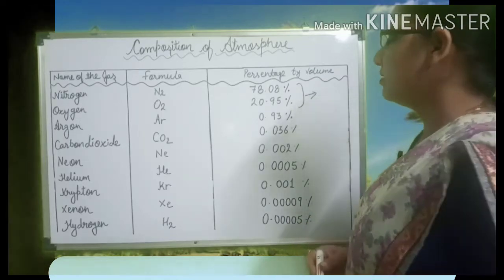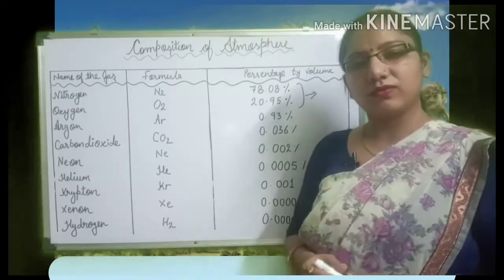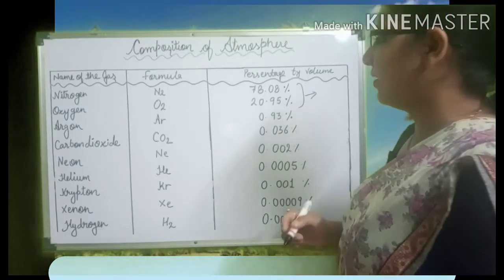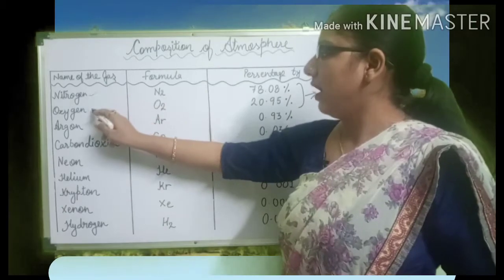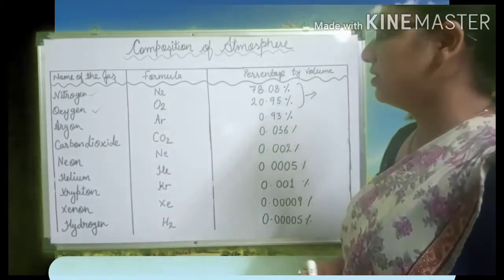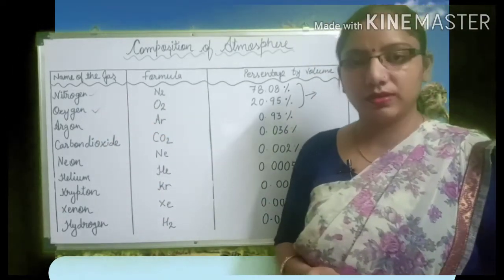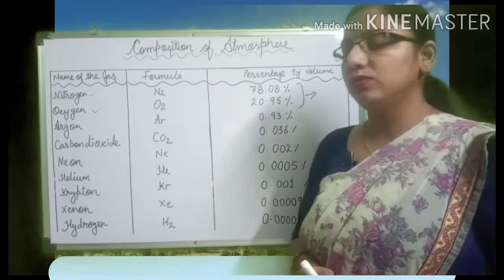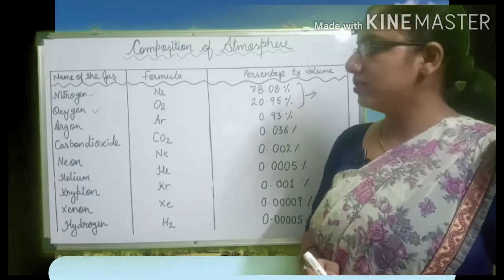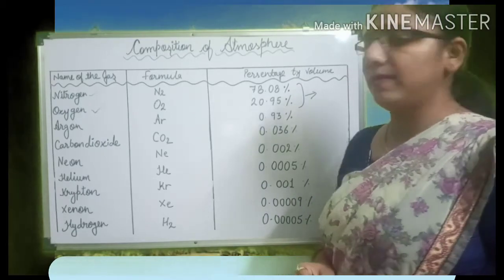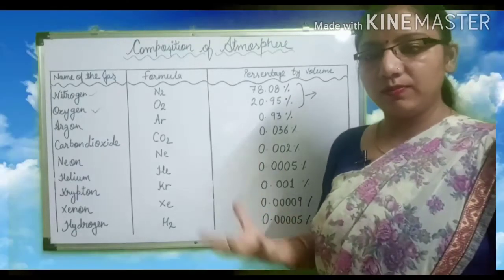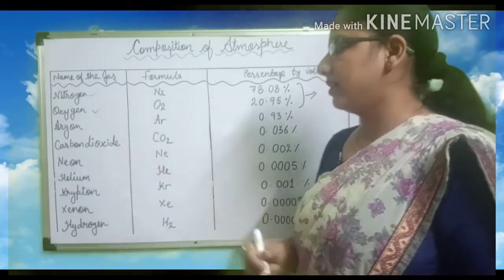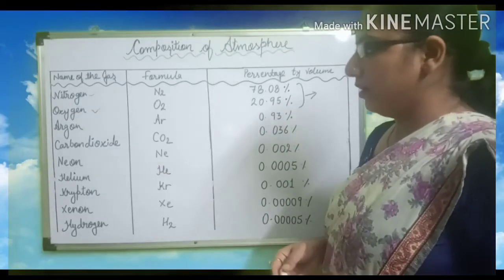At the last, the smallest amount is hydrogen, that is 0.00005%. So students, all the gases are an essential part of our atmosphere, but the most important parts are nitrogen and oxygen, as oxygen is a required gas for human breathing, and nitrogen is the gas which is controlling the oxygen, because oxygen also helps in inflaming, or we can say helps to burn fire. So nitrogen and carbon dioxide are the gases which are controlling the oxygen.